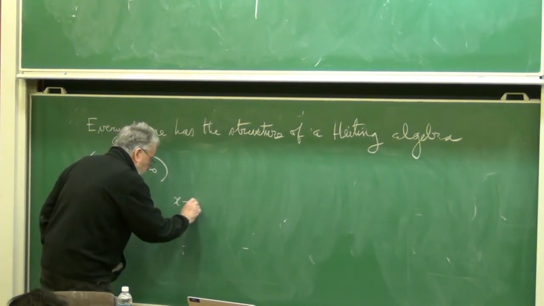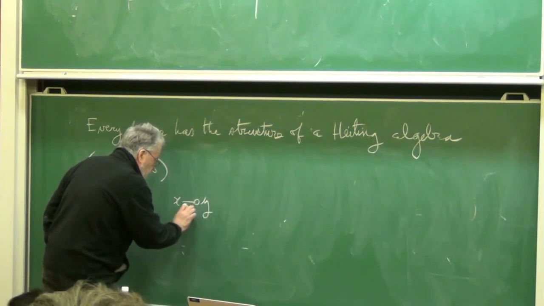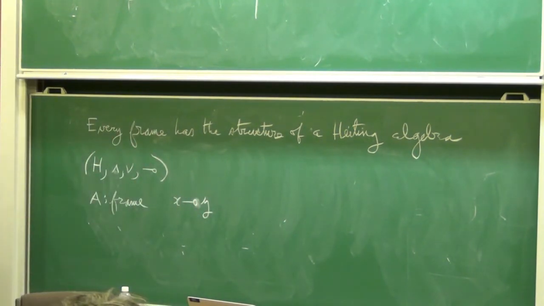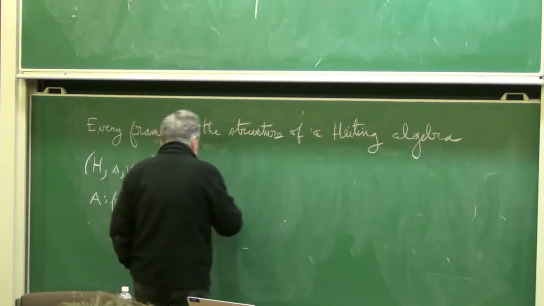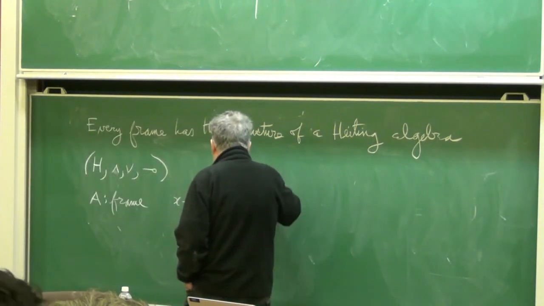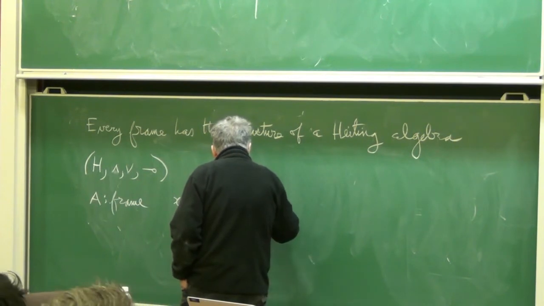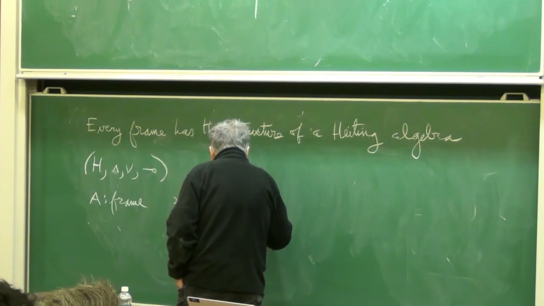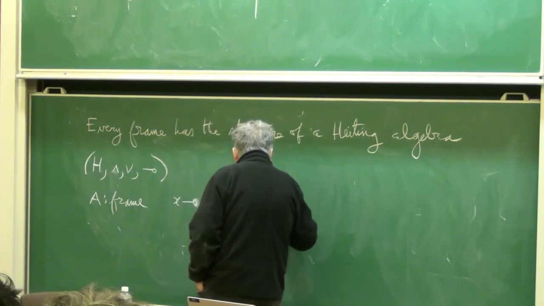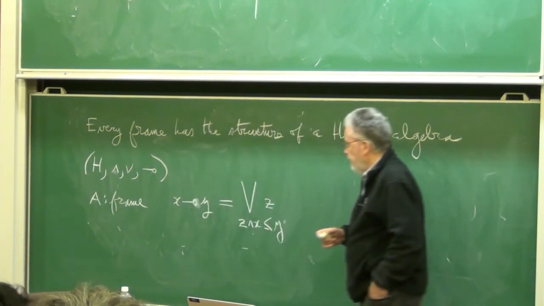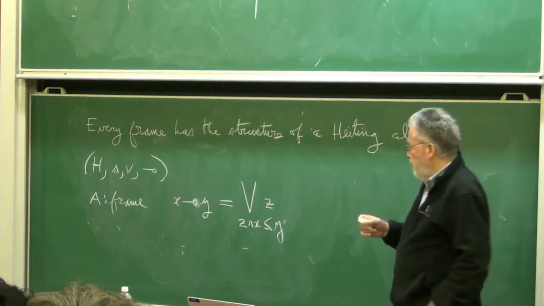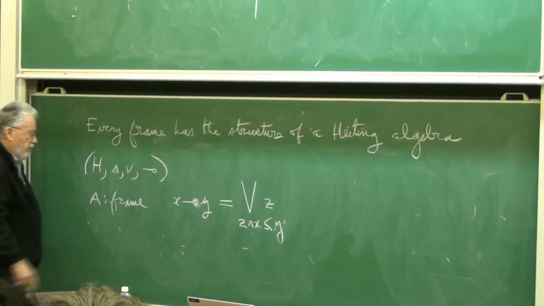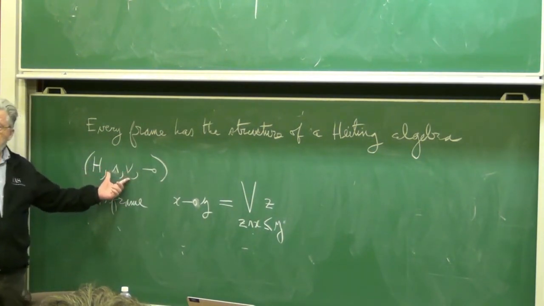X implies Y, and denote it like this, logical. X implies Y can be defined to be the supremum of all Z such that Z intersection X is smaller than Y. And with this operation that can be defined on any frame, you get the structure of a Heyting algebra.